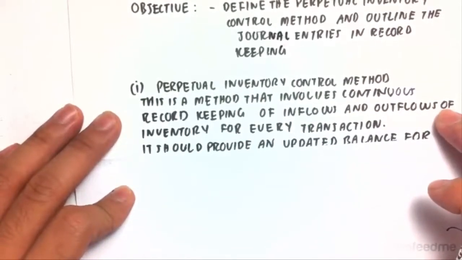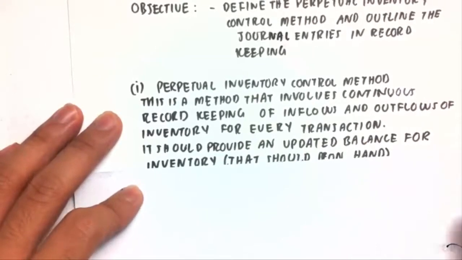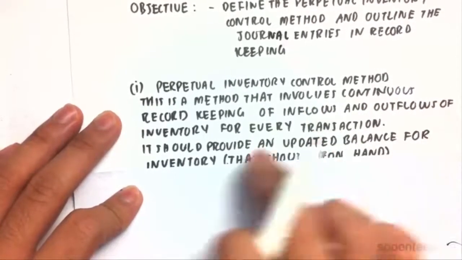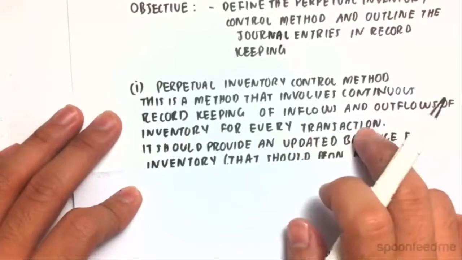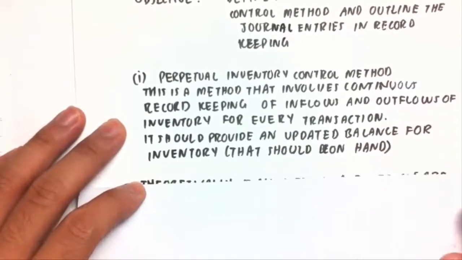The perpetual inventory control method is a method that involves continuous record keeping of inflows and outflows for inventory with every single transaction. So it should provide an updated balance for inventory as well as COGS.